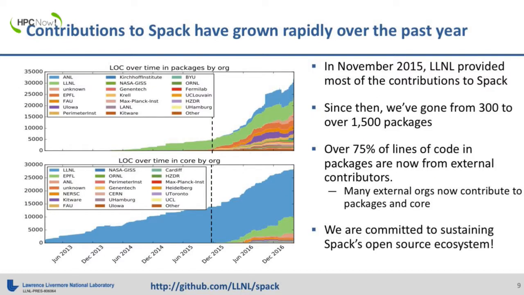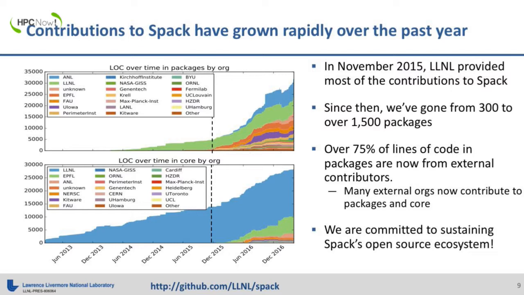Also, like EasyBuild, Spack has a pretty booming community. In 2015, Livermore was pretty much the only site using Spack, and so that's this line here through these plots. What this is showing is lines of code over time in our packages. So these are the actual contributed packages from other organizations, and this is lines of code over time in the core of Spack, so the actual package manager part.